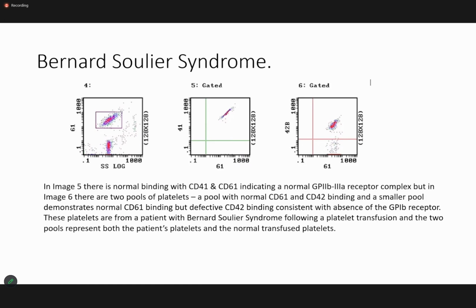This is the case of a patient with Bernard-Soulier syndrome who was already transfused with normal platelets.